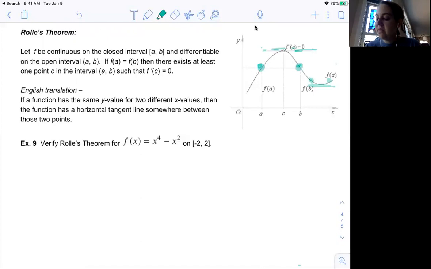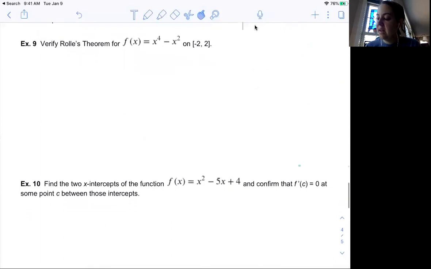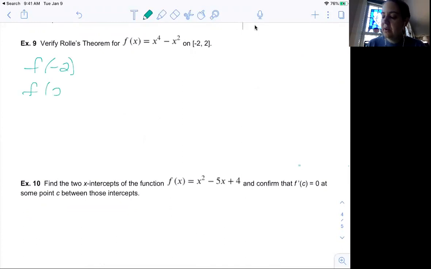So the first thing that we need to do with example 9 is say, okay, let's check the endpoints. You need to check f of -2, and you need to check f of 2. So what you have to do first is put those values, the -2 and the 2, into the original function.